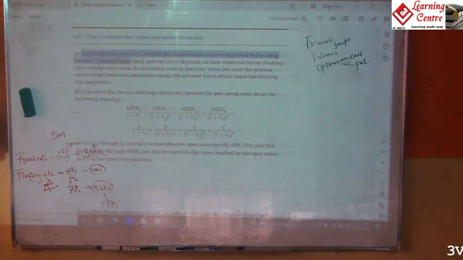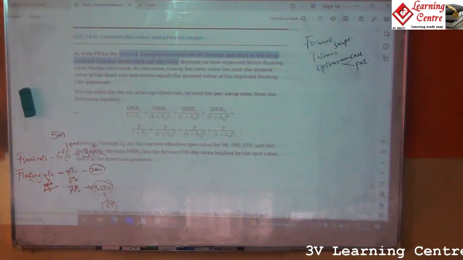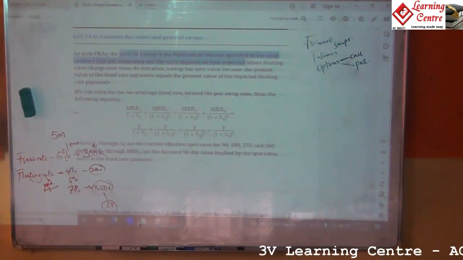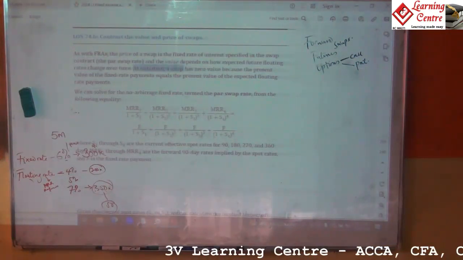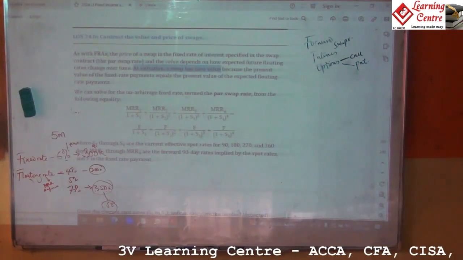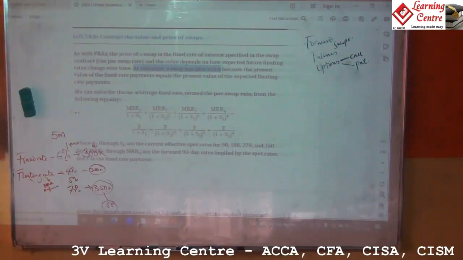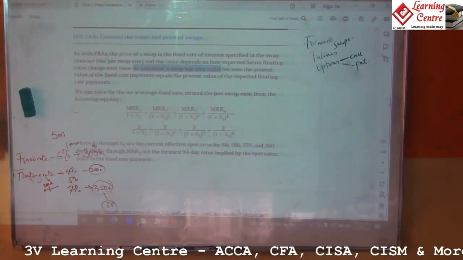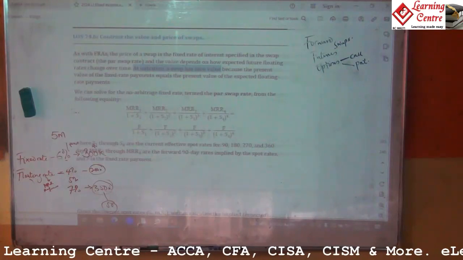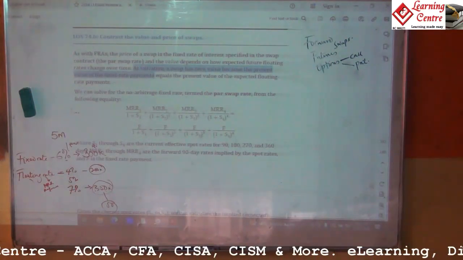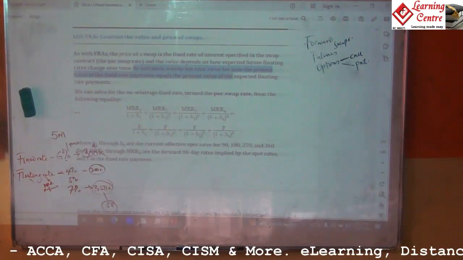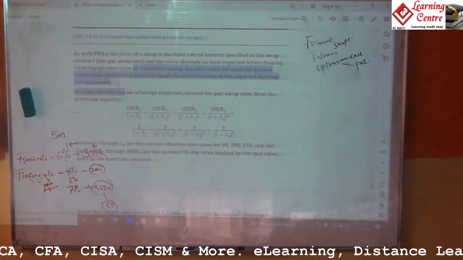Now, as with a forward contract, the price of a swap is the fixed rate of interest specified in the swap contract, and the value depends on how expected future floating rates change over time. As an illustration, a swap has zero value. This is similar to a forward contract, like you said. A forward contract as well has zero value because the present value of the fixed rate payment equals the present value of the expected floating rate.